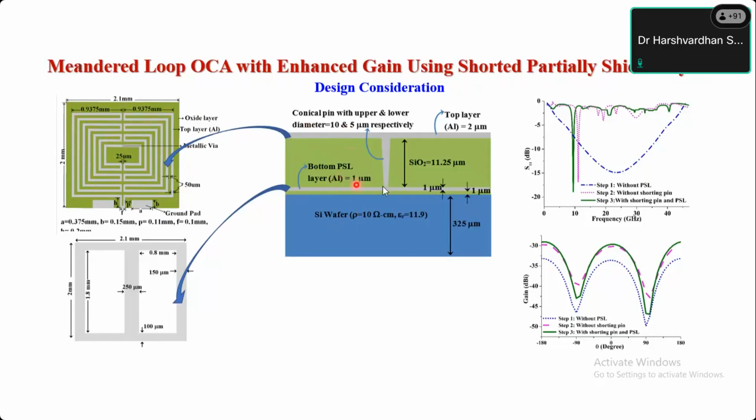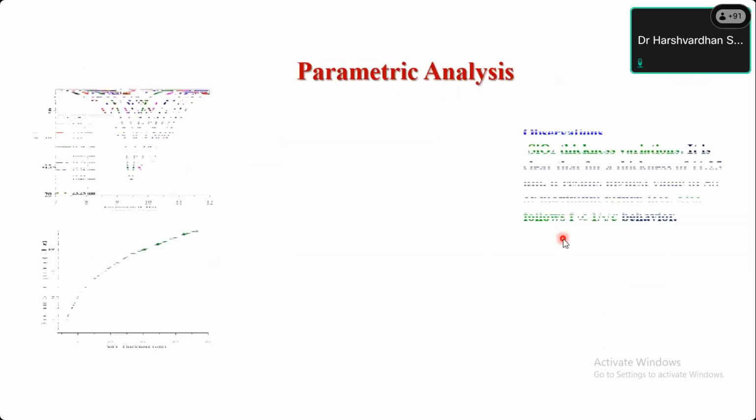So this bottom metal layer helps us to enhance the gain of the antenna also. It is something like an AMC, which maybe we have seen. And these are some results, right?